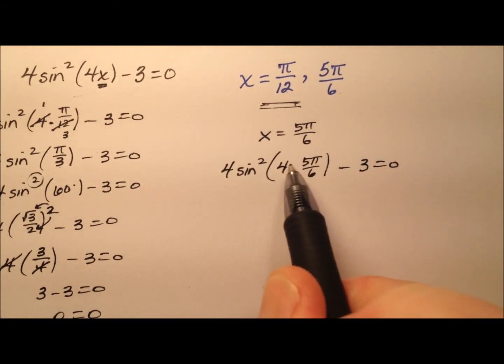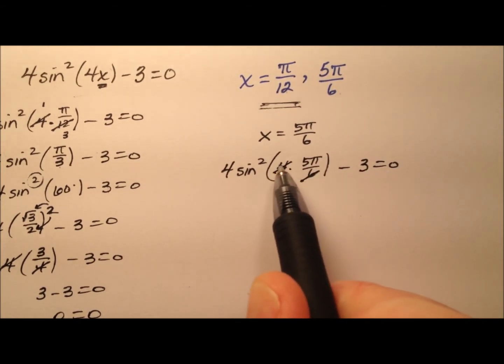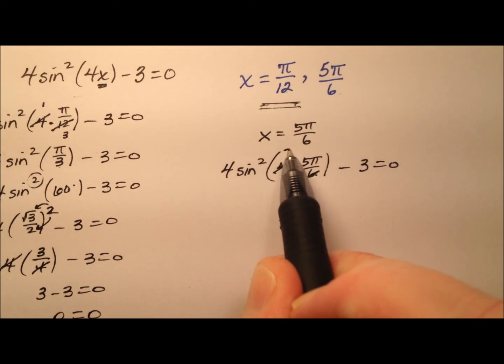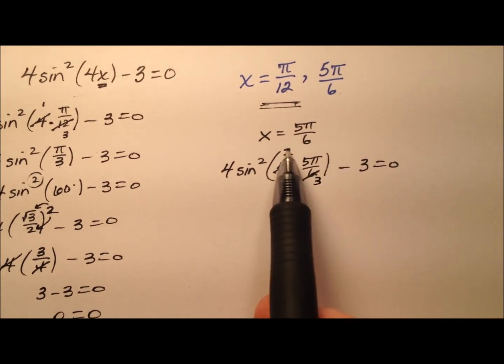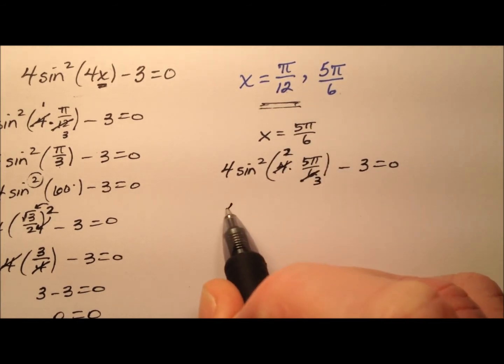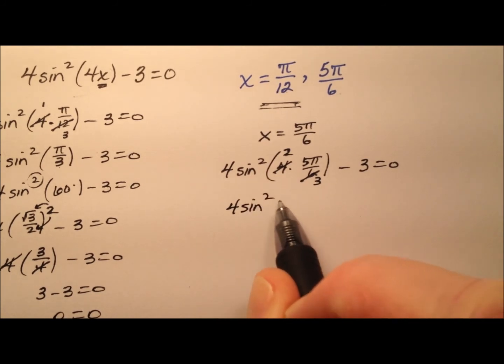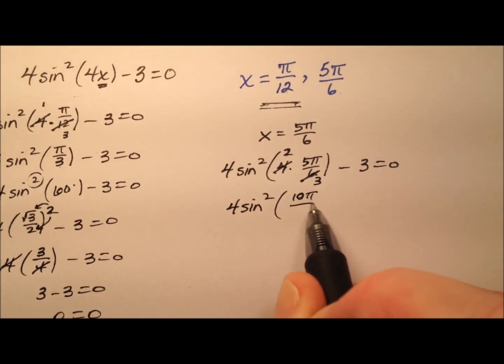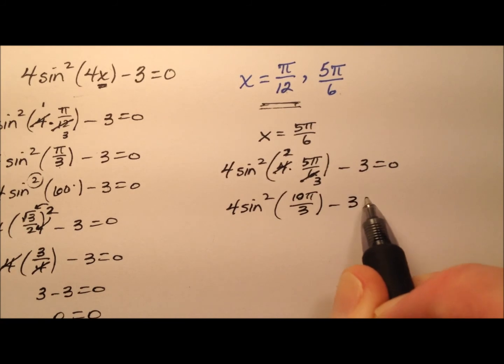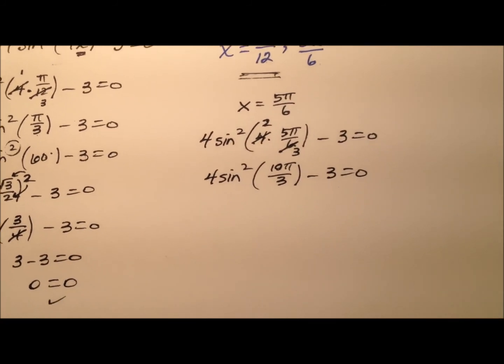So we can do a little canceling here. The 4 and the 6, I can factor and cancel a 2 out, so 2 and 3. And 2 times 5 is 10. So it looks like I have sine squared of 10 pi over 3, minus 3 equals 0.